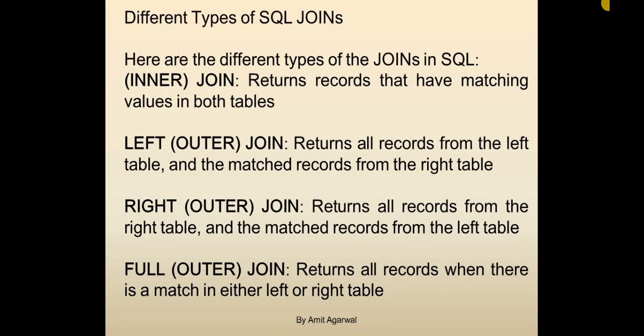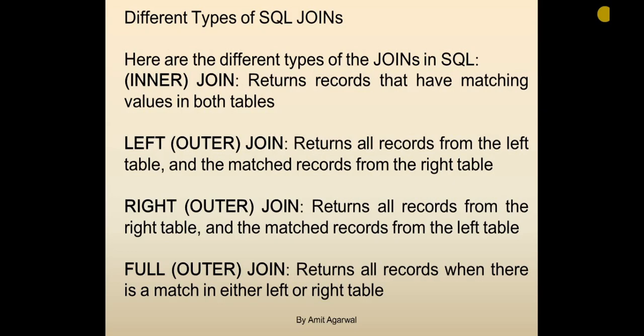Now what is the explanation for these types of joins? Inner join returns records that have matching values in both the tables. That we are going to see when we implement the code. Left outer join returns all records from the left table and matching records from the right table.